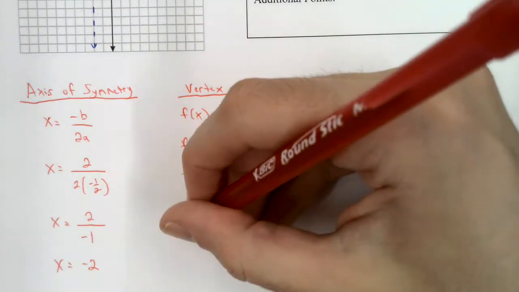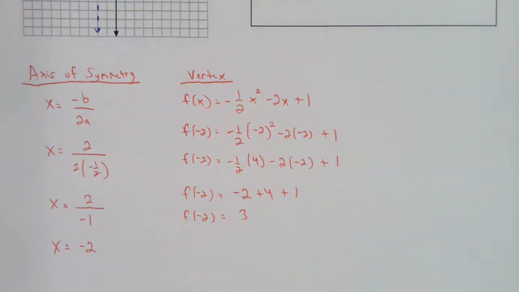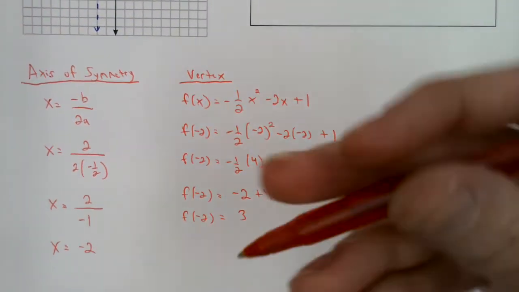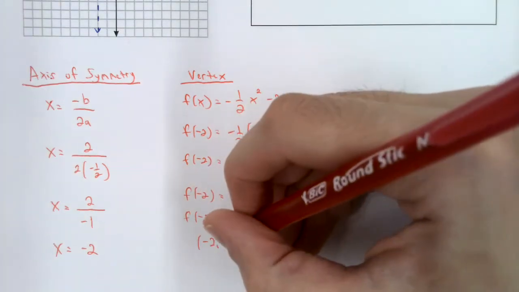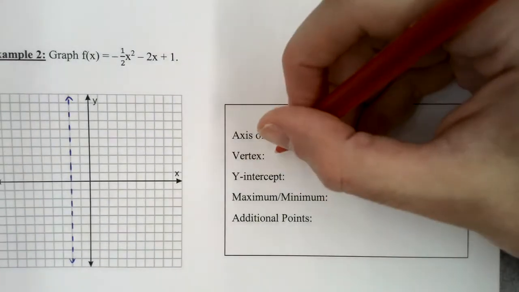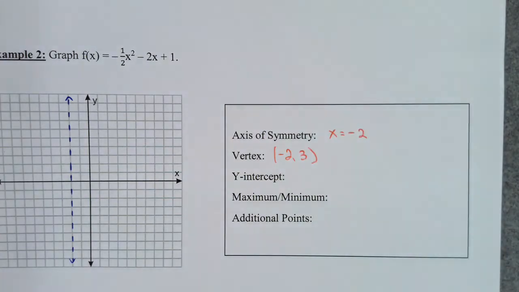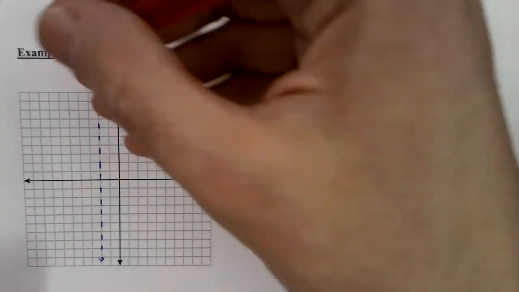That gives you 3. So that means our vertex is -2, 3. Let's fill in the table. And then let's graph that.